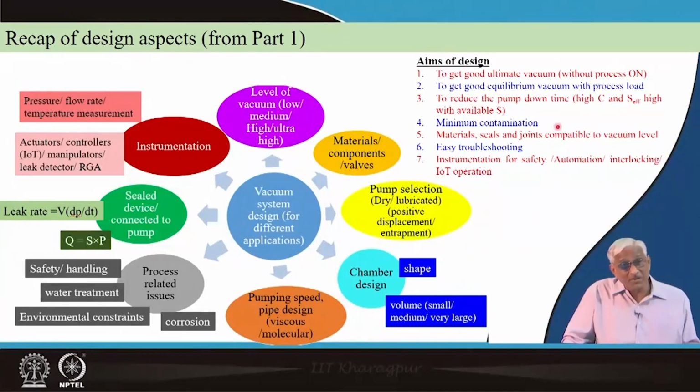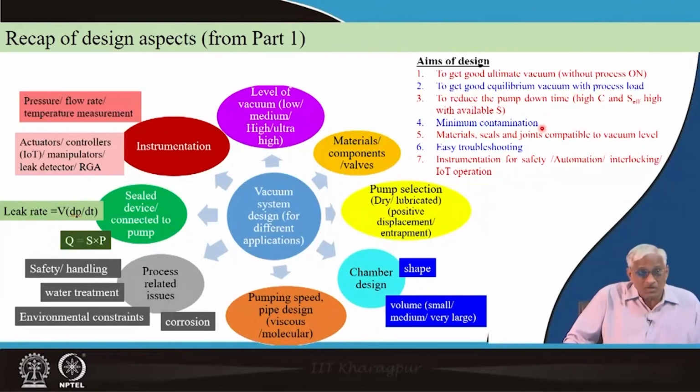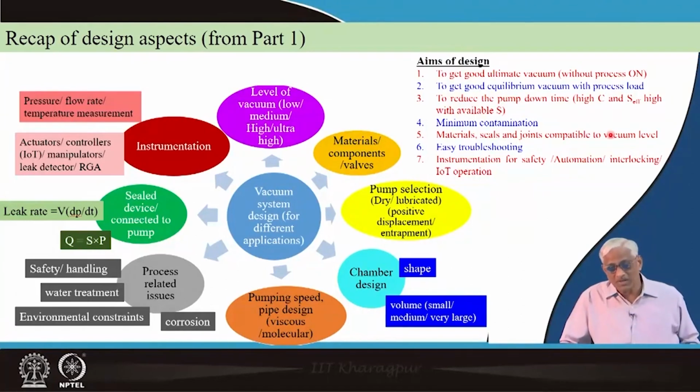Then minimum contamination, this is a very important issue in modern processes, particularly in pharmaceuticals and semiconductor industries. If there is a small impurity available as a foreign impurity which is not required, then the quality of the product will be totally down, even though you are getting very good vacuum.